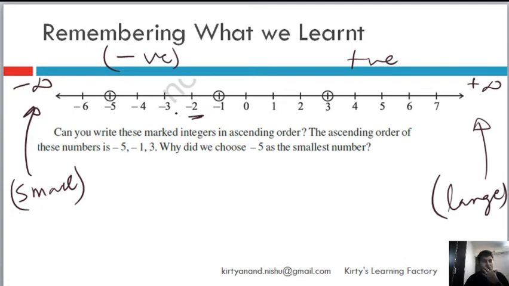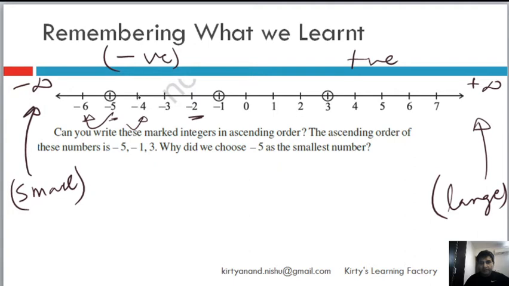So the basic rule of thumb is that any number on the right hand side will be a larger number, and any number on the left hand side of a given number will be a smaller number. For example, for minus 5, minus 4 is a larger number because minus 4 is on the right hand side of minus 5, whereas minus 6 will be a smaller number.